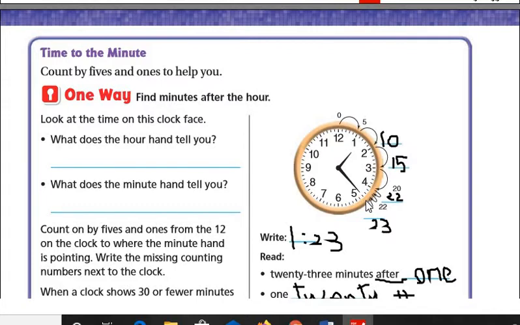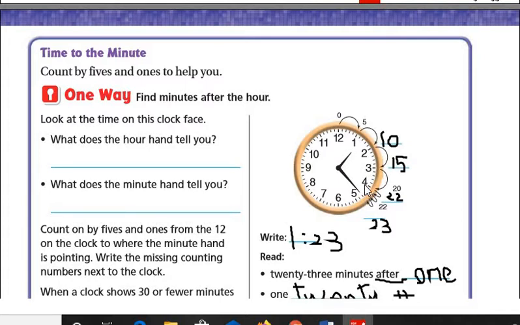So we want to know exactly how many minutes we have here. So it's so easy. Why? Because we know it takes 5 minutes from one number to the next one, so we can count them easily.